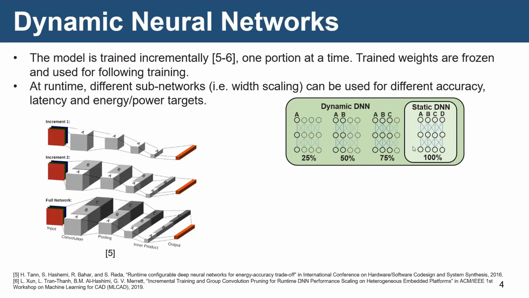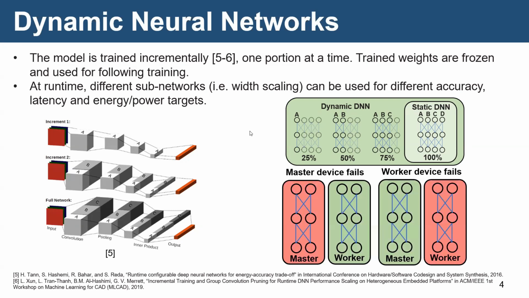For a static model, if we took only A, which is 25% of the weights, out directly to do the inference, we get a random result and a very low accuracy. But because we retrain the model using incremental training, if we take a 25% model from the dynamic neural network, we have a lower accuracy, but it's a reasonable accuracy. It's no longer random. It has a clear trade-off between accuracy, latency, and energy and power consumption.